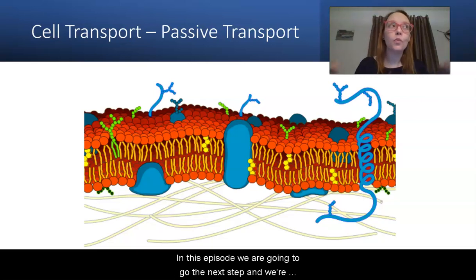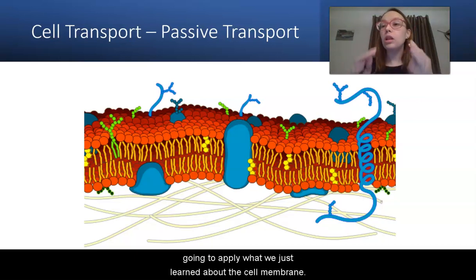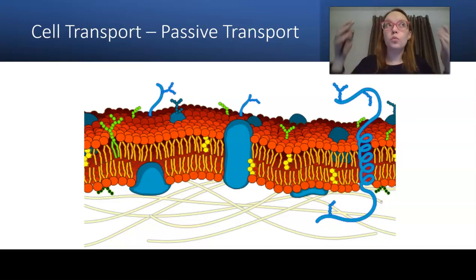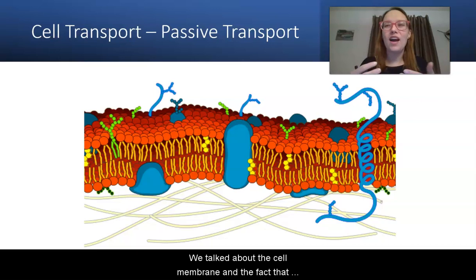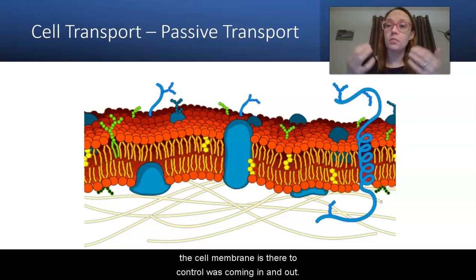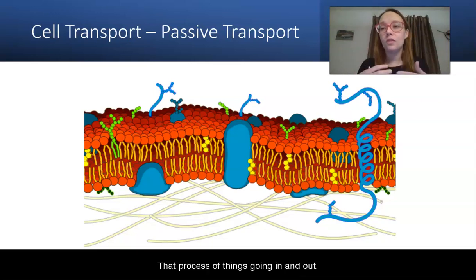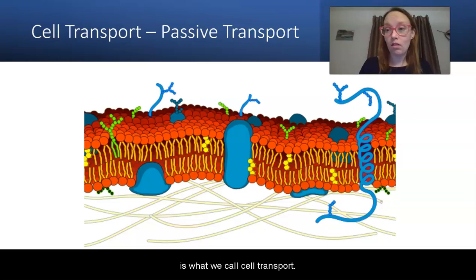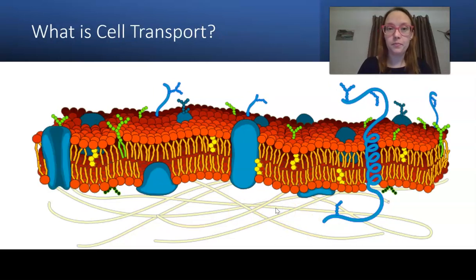In this episode, we're going to go the next step, and we're going to apply what we just learned about the cell membrane. So we talked about the cell membrane and the fact that the cell membrane is there to control what's coming in and out. Well, that process of things going in and out is what we call cell transport.